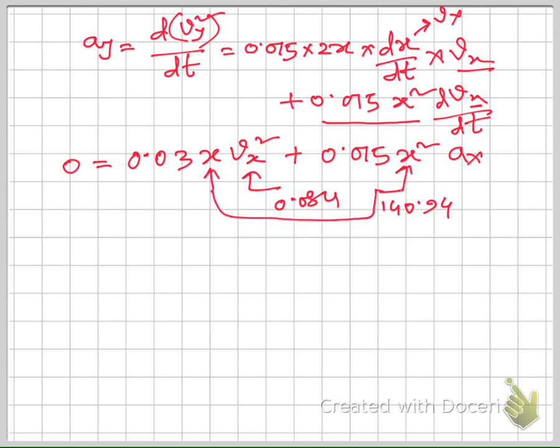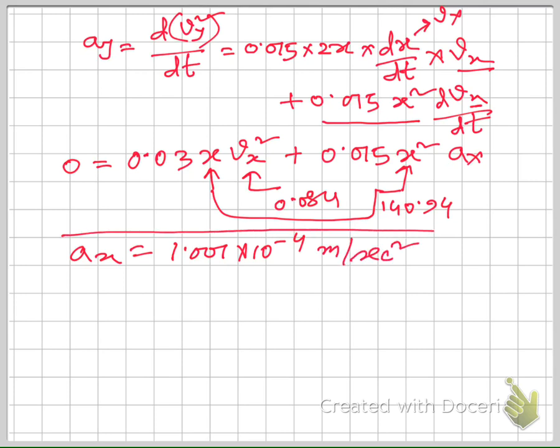So if we plug those values, we can get the value of the x component. So we get the x component of the acceleration is a very small number, 1.001 times 10 to the power negative 4 meter per second square.